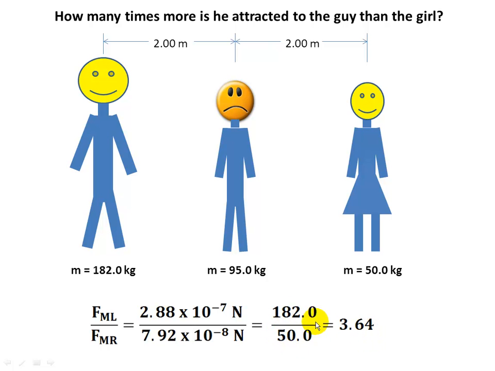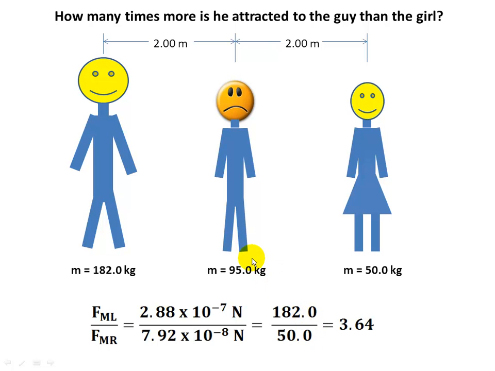And so this is bringing home the point that the force of gravitational attraction is directly related to the masses of the objects.